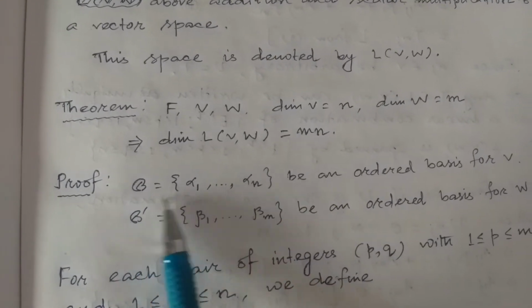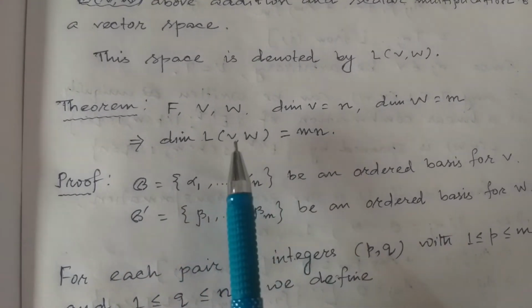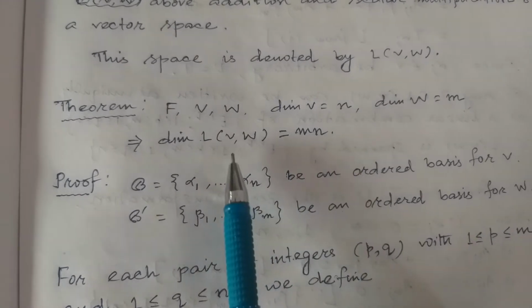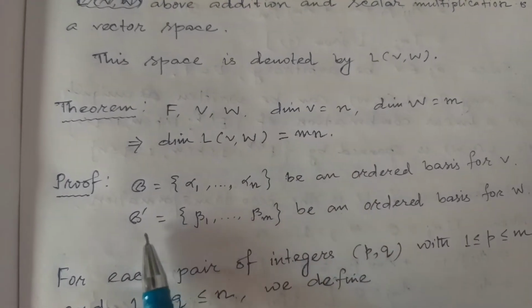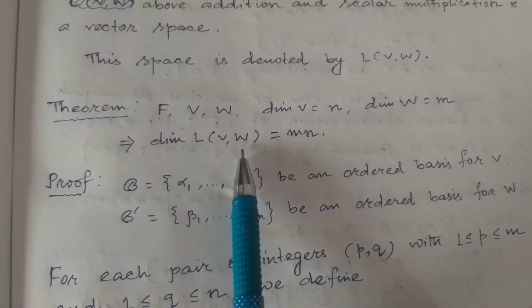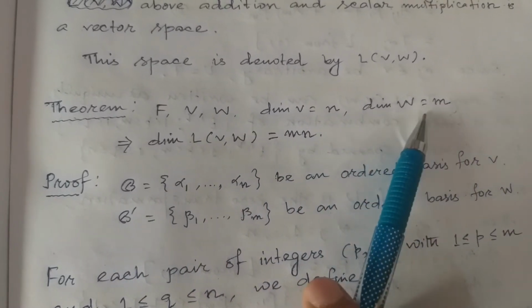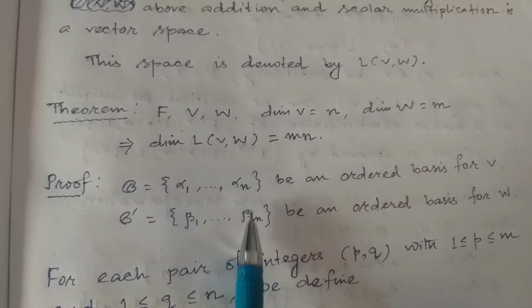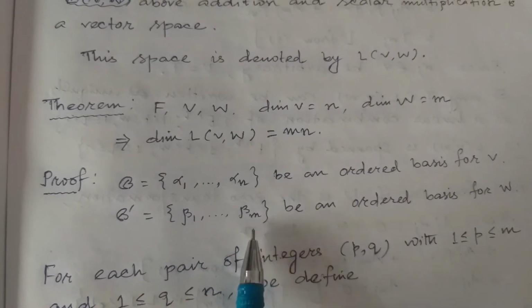Let B equal alpha 1, alpha 2, ..., alpha n be an ordered basis of V, and B dash equal beta 1, ..., beta m be an ordered basis of W. Dimension n means n vectors, and dimension m means m vectors.